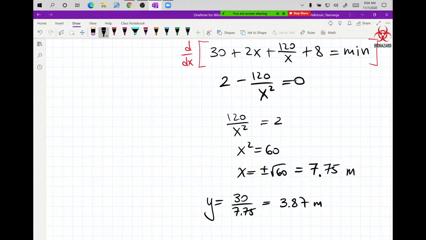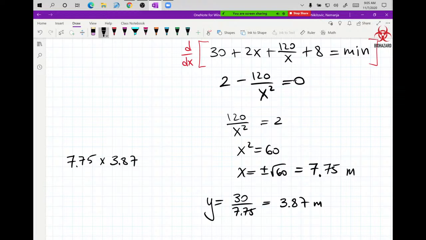So the dimensions of the entire thing are 7.75 by 3.87. Doesn't matter which one you list first, but we are used to listing the larger number first for rectangles. So this would be the size of the pool, and if you multiply these two numbers, you should get 30, or very close to it, because we rounded.